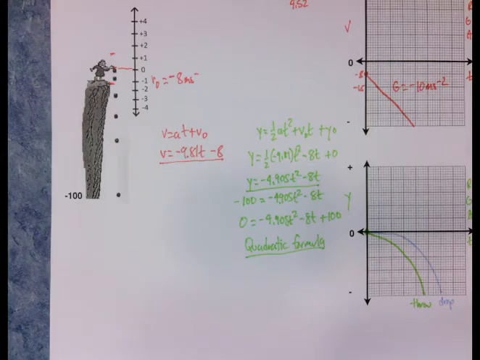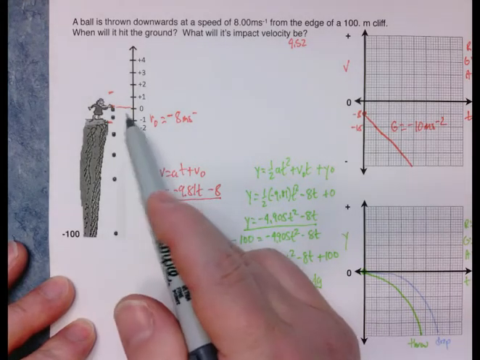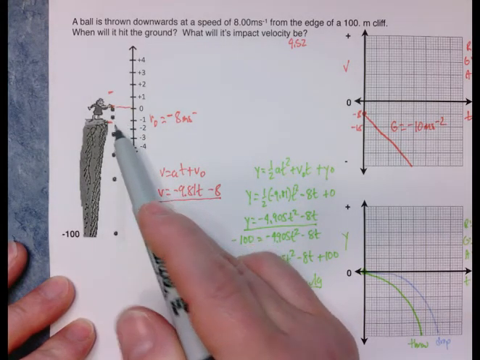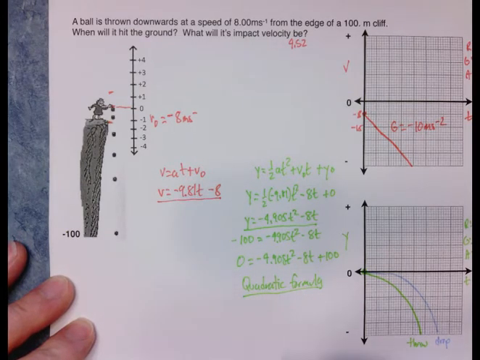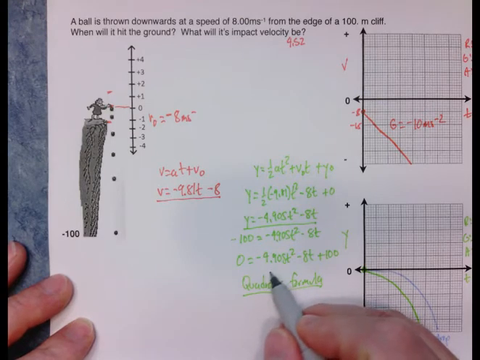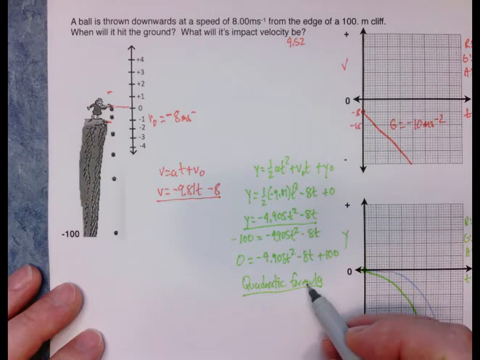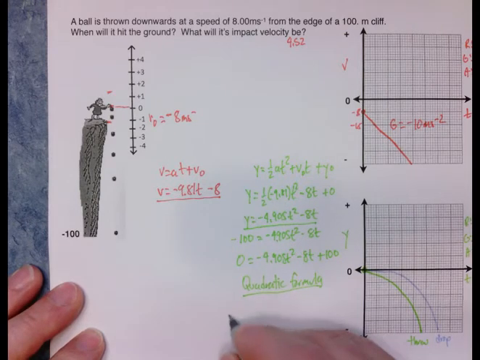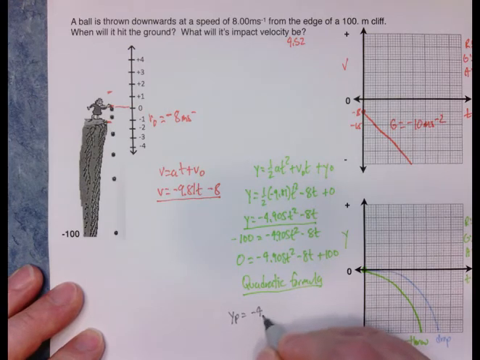What we actually have in this case, if we're thinking of this as functions, is the equation of the position of the projectile, which is what we're calling y. And in that equation, y of the projectile is negative 4.905 t squared minus 8t.